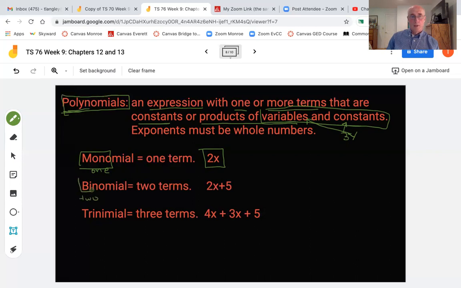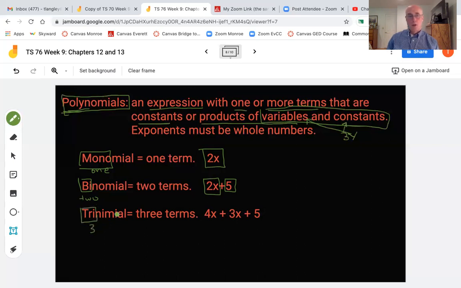Biannual, something that blooms twice a year, or an event, it's 2 terms. So 2x plus 5, you'll notice I have this term, and then it's separated by plus 5. So that's a polynomial, but what type of polynomial is it? It's a binomial. It's got 2 terms. One term, mono, 2 terms, bi, and tri means 3.